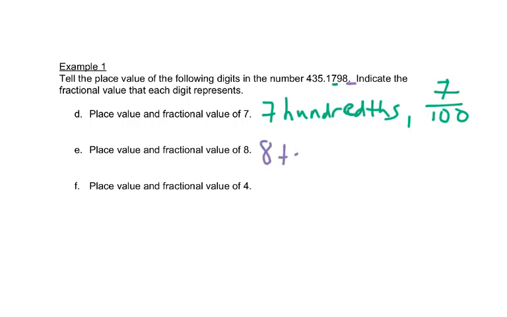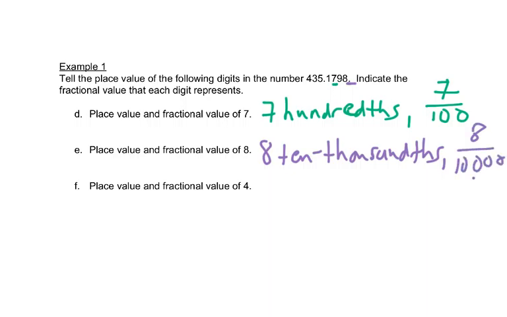So we had 8 10,000ths. And we'd write that as 8 over 10,000. And the 4 goes ones, tens, hundreds. It'd be 4 hundreds. And we would write that as 400.